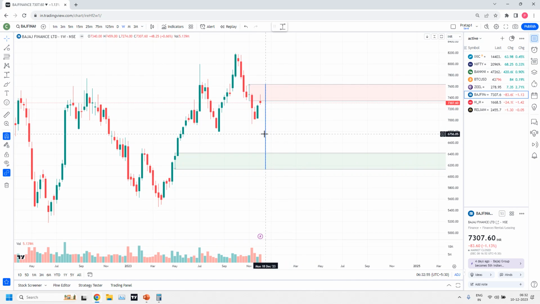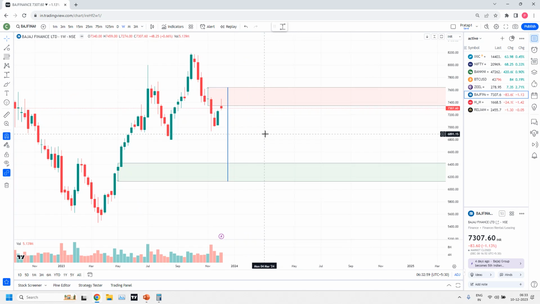So what is the total range value? The total range value is 1507, which is equivalent to 24.58%, this entire range value. So the total number of points is 1507.